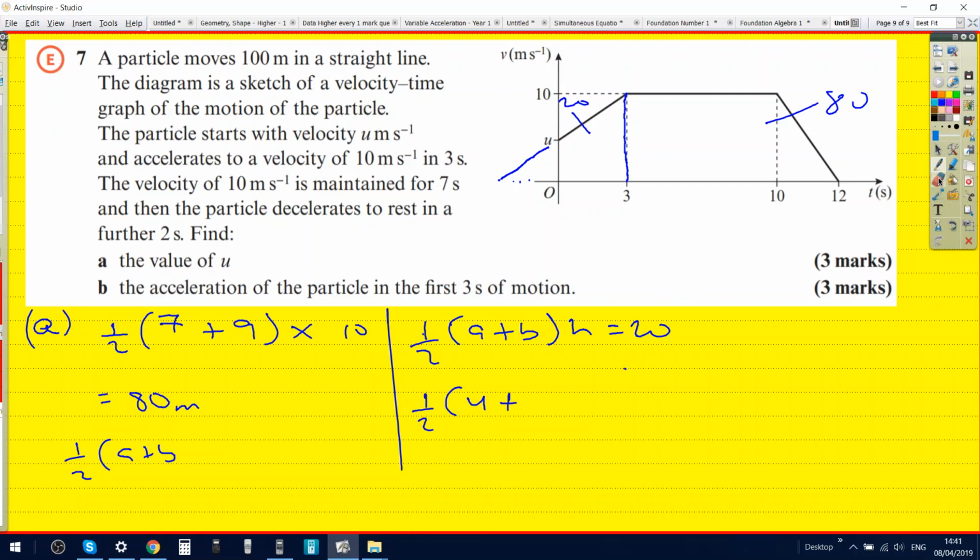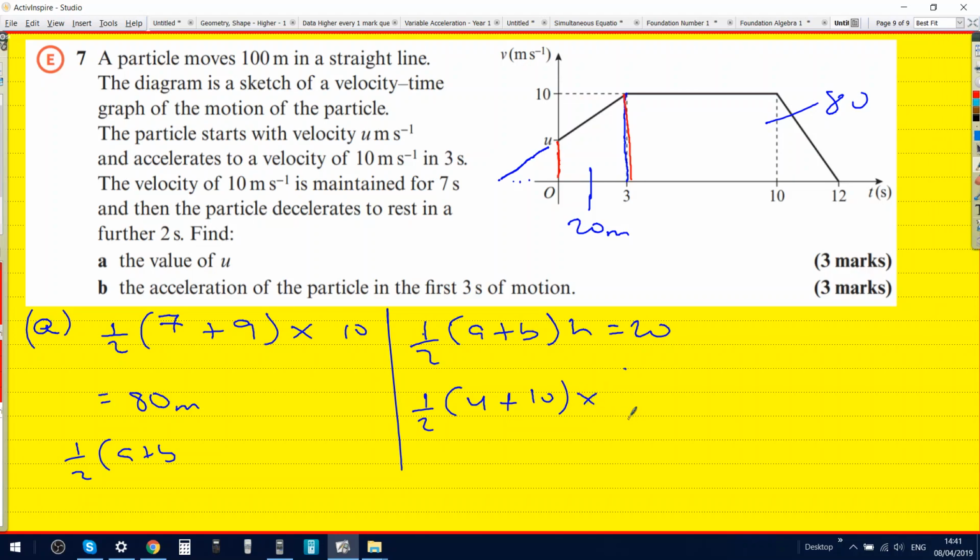Wait, is it? Hang on. No, because wouldn't you have to flip it on its side since we're only looking at that segment? Yeah, we'd have to flip it on its side. So what side is parallel to the u? So the height originally. Sorry, it is 10. What am I thinking? 10. And then multiply by 3. That's it. Equals 20.